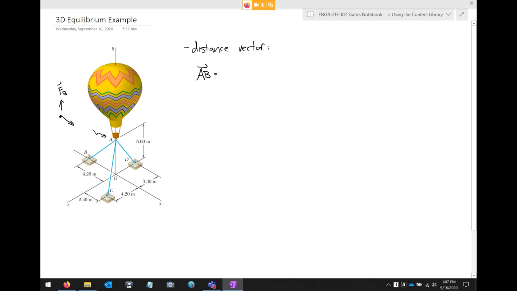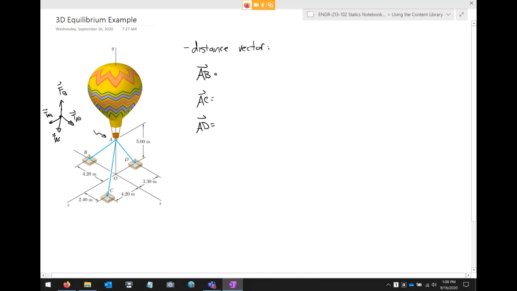Then we've got 3 forces acting outwards: T_AD, T_AB, and T_AC. The reason I'm writing the vectors from A to B is because A is our particle. So we're writing the vectors AB, AC, AD, because they start at A and go outward. That's the way the forces are going. Just to make sure that's clear.